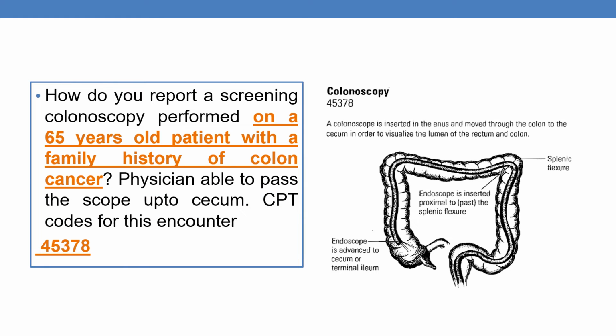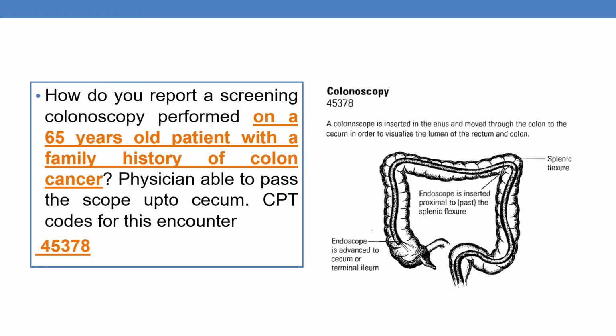Next question is, how do you report a screening colonoscopy performed on a 65-year-old patient with family history of colon cancer? The physician is able to pass the scope up to cecum. CPT codes for this encounter are 45378. Patient presents for diagnostic colonoscopy.